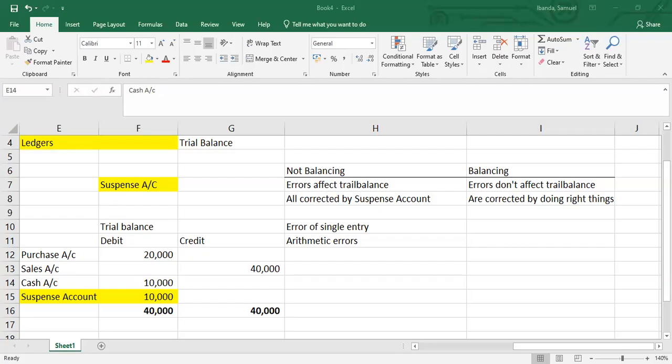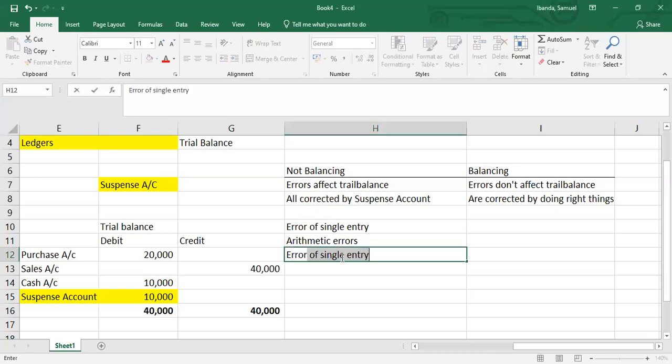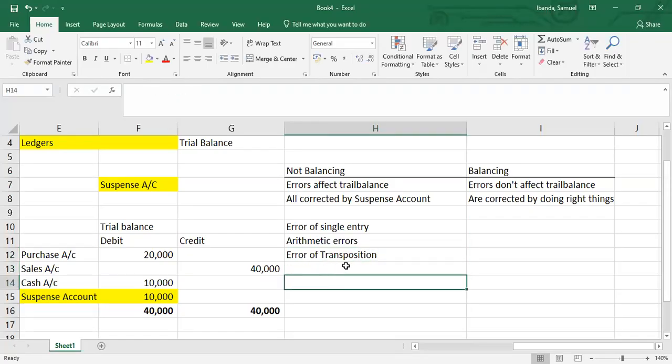And then one of the other errors you can think about is what we call the error of transposition. How the error of transposition works, I'm going to give you two values here. So that could be a value of about 20 million.